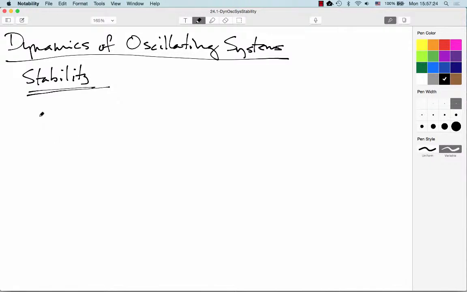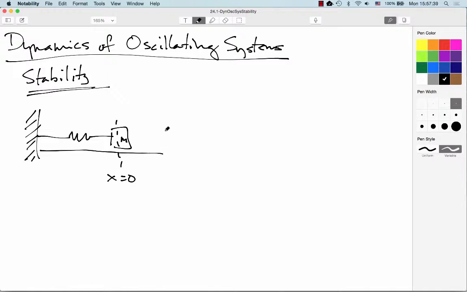So let's start by taking a look at some one-dimensional conservative system. Let's say we've got a mass on a spring. So there's the equilibrium position for our mass M. If I move it over here to some position X, it will feel a restoring force F that brings it back.